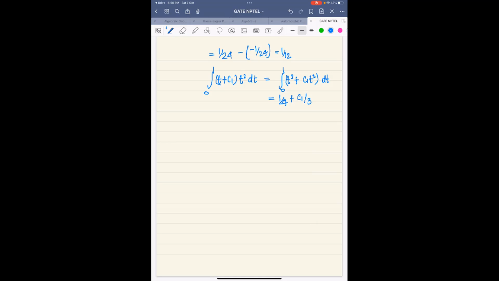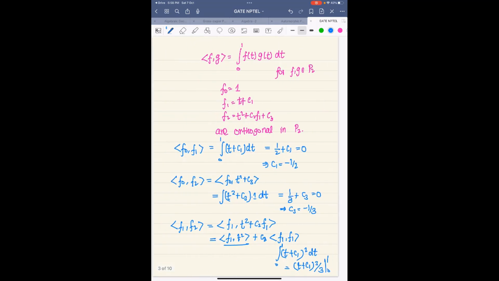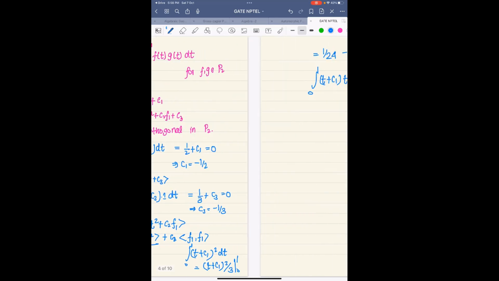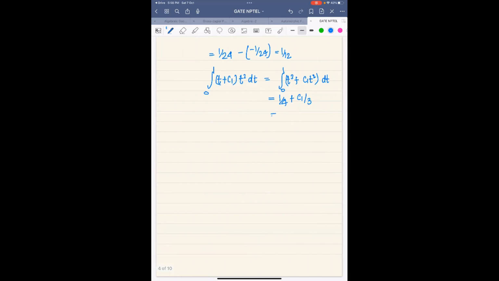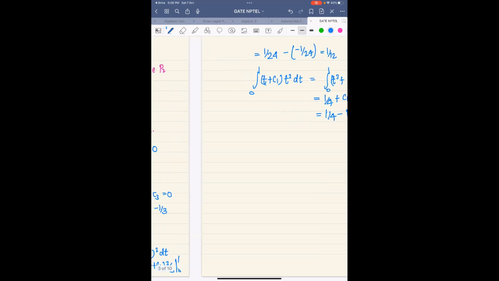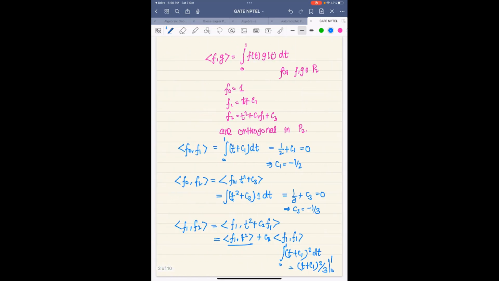And c1 we know is minus 1 by 2, so this is equal to 1 by 4 minus 1 by 6, which is 1 over 12.